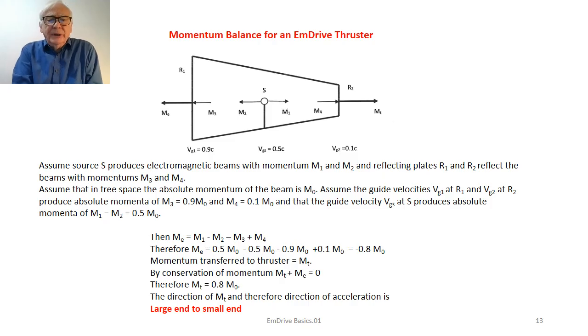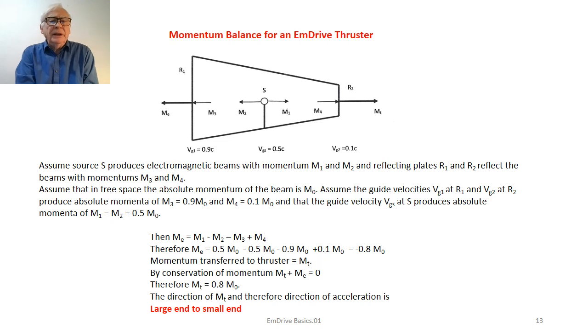Now, if you simply do a vector addition of all these momenta to get the total momentum of the electromagnetic wave ME, you add them all up and you'll get that ME equals minus 0.8 M0.